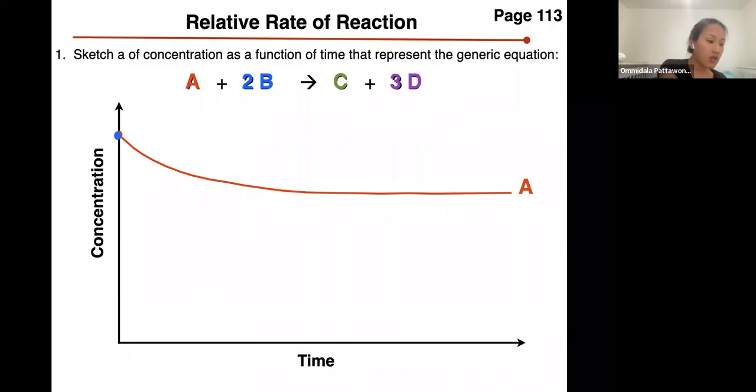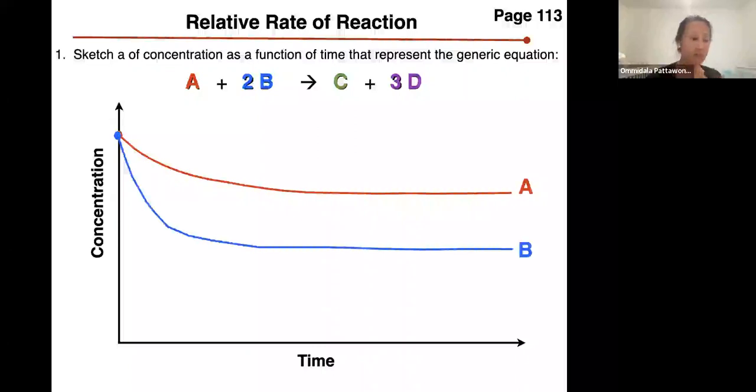But if you're looking at the coefficient here, we see that the mole ratio is 2 to 1. So every 1 mole of A is going to require 2 moles of B. Therefore, in this case, the B concentration is going to decrease 2 times faster than A, because it's going to be consumed 2 times faster than A, according to this equation here.